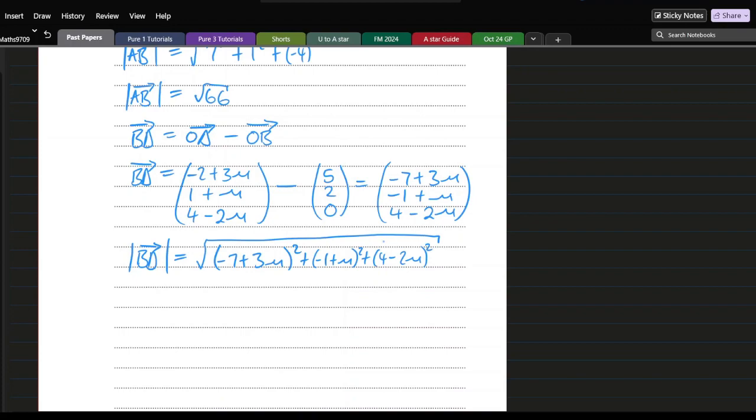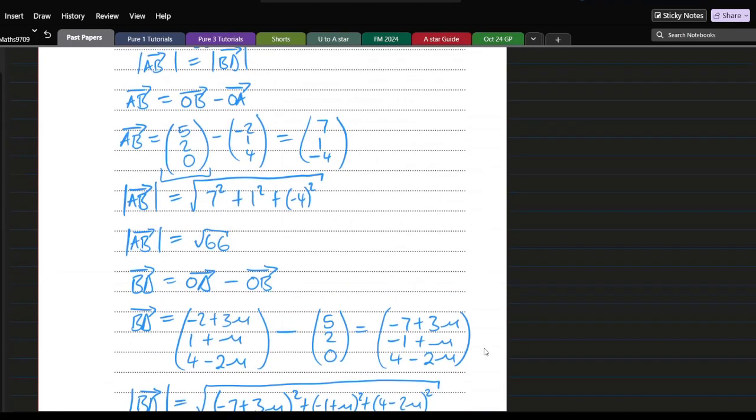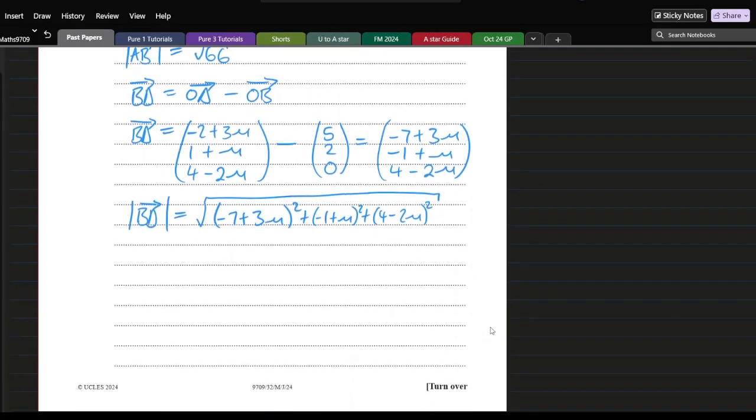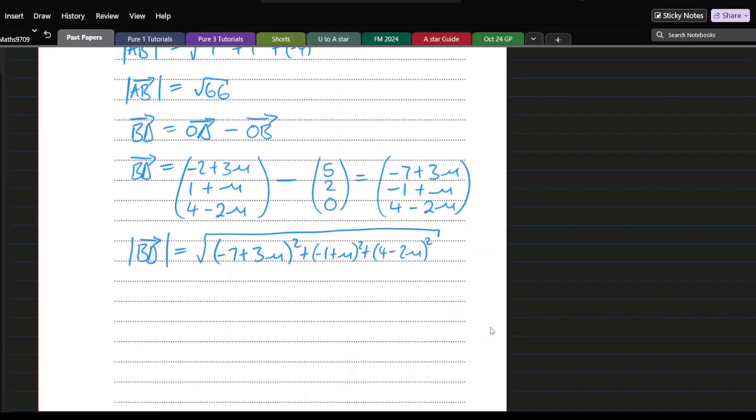At the beginning we said that the magnitude of AB is equal to the magnitude of BD. So now we've got our two magnitudes. We know that root 66, the magnitude of AB, is equal to the magnitude of BD, which is the root of (-7 plus 3 mu) squared plus (-1 plus mu) squared plus (4 minus 2 mu) squared.